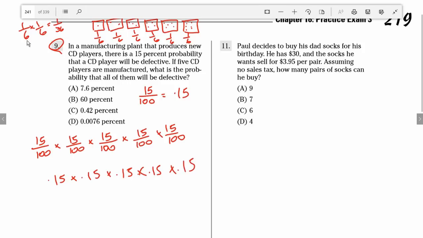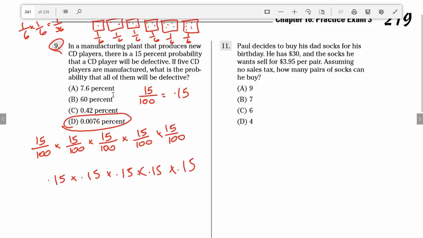Again, just like this question, it's 15% times 15% times 15% times 15% times 15%. That is 15% times itself 5 times. It turns out when you do this, the number is going to be very, very small, and it's going to be this one. Okay? Just based on my knowledge of math alone, I wouldn't have to work this out to solve it. And you can see that it would be a tremendous amount of work to work this out.